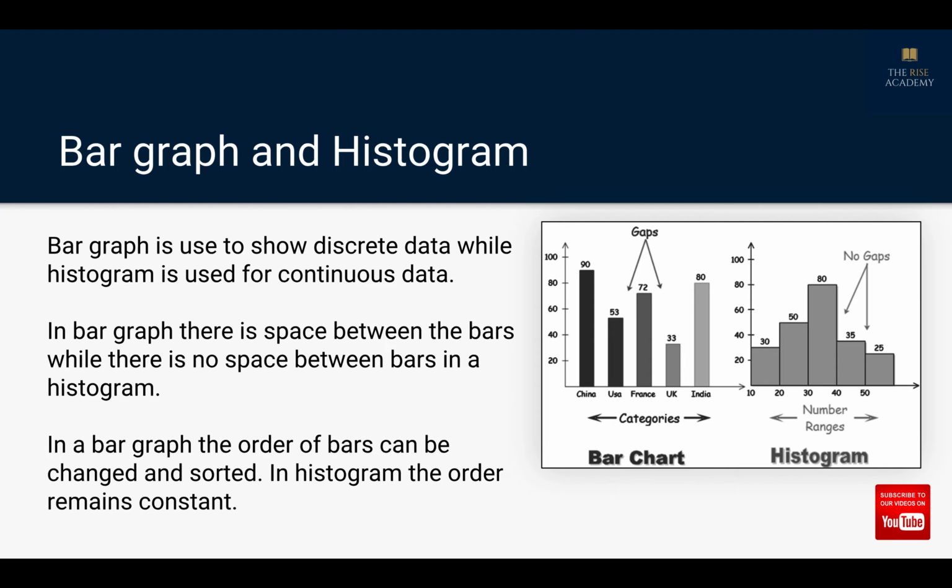But for histogram, it is always the same order, it's either going to be from the smallest to the largest, which is how I have always seen them. But maybe you can change it to be from the largest to the smallest, but that's pretty much the sorting that you can do. You cannot do it on any other criteria.